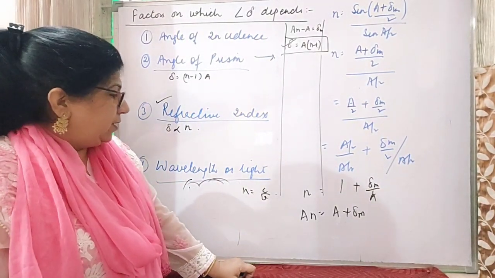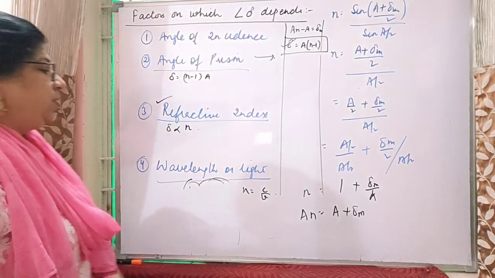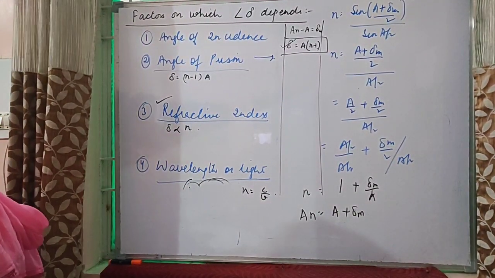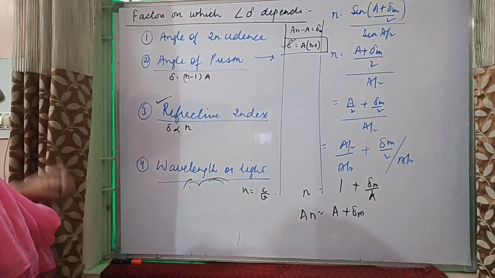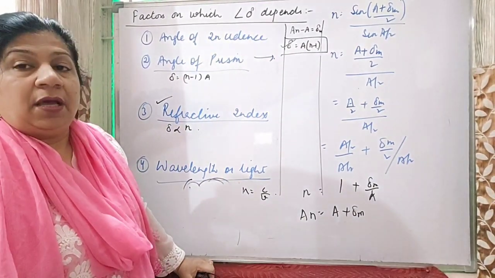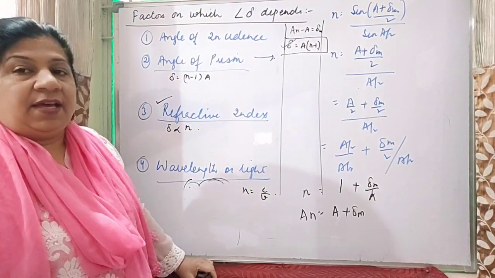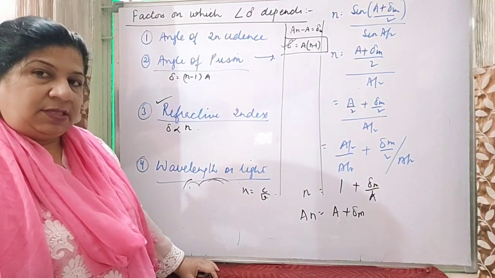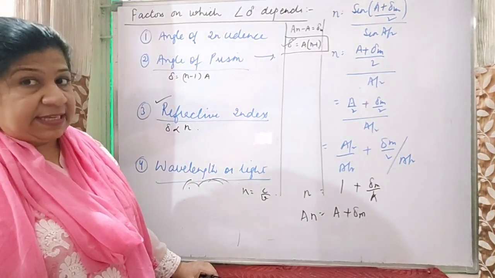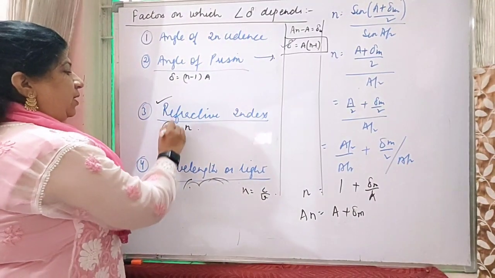So a better explanation here will be that it is depending upon the wavelength of the light. If the refractive index is more, then the wavelength is less, okay? Or if the wavelength is less, the refractive index is more, and when the refractive index is more, δ is more.